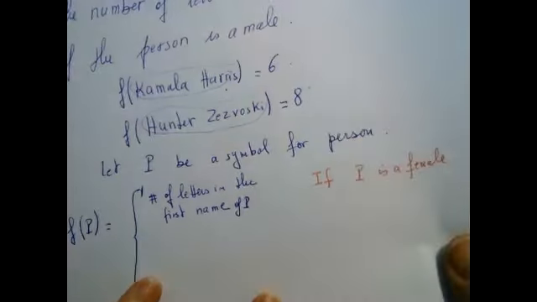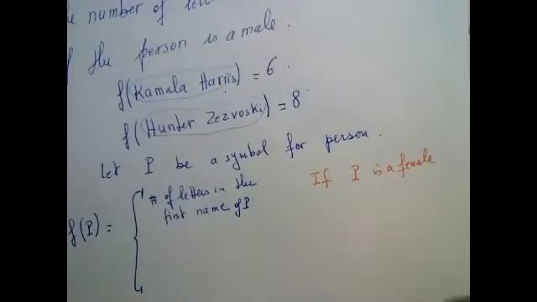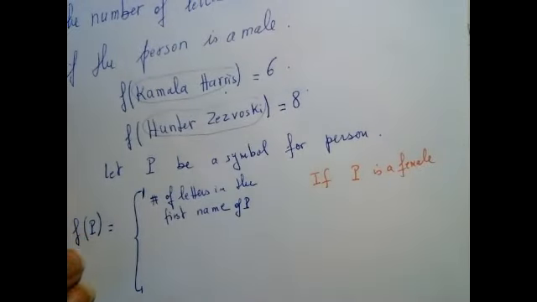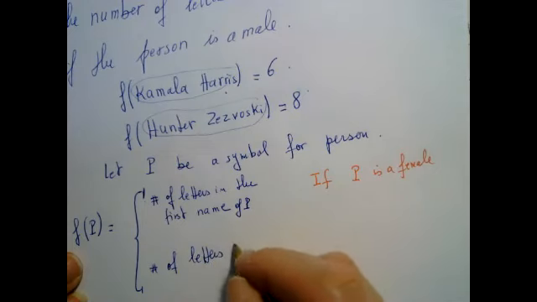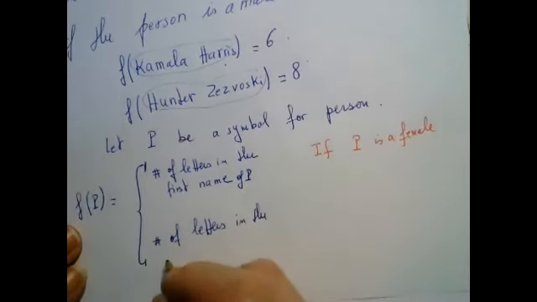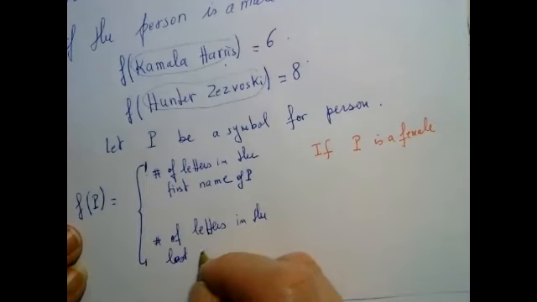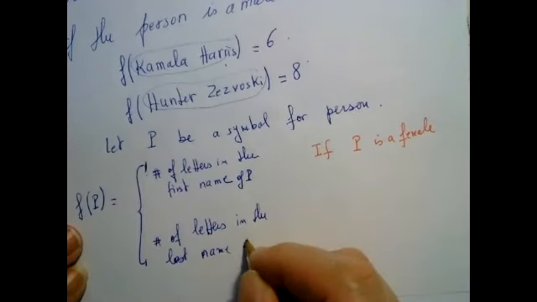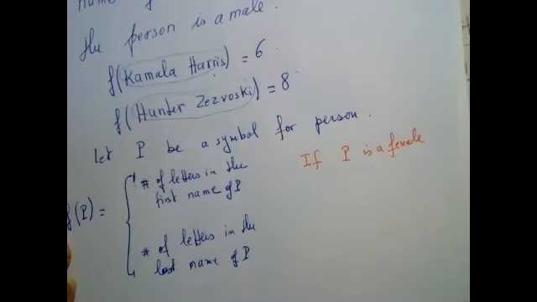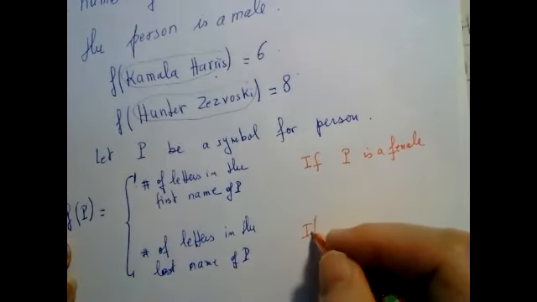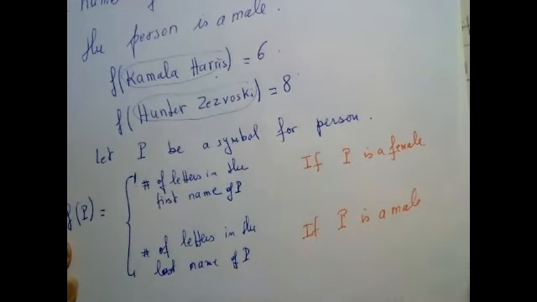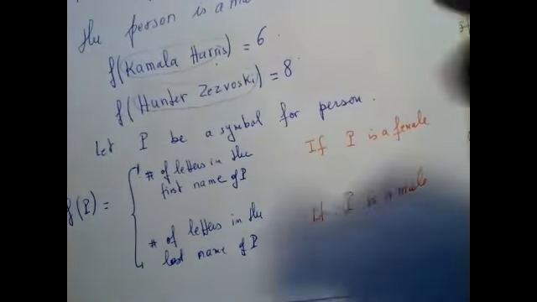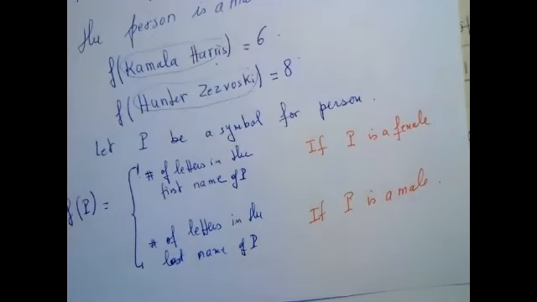So if I'm telling the whole story, we're going to find a way to describe this function. And it's the number of letters in the last name of P if P is a male.